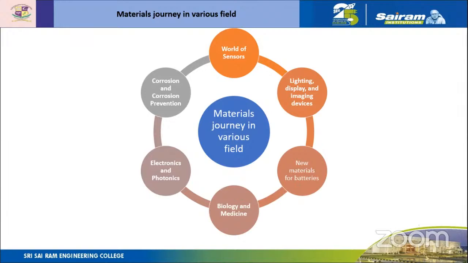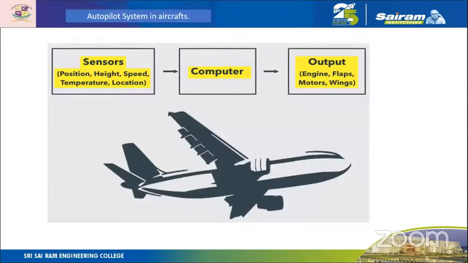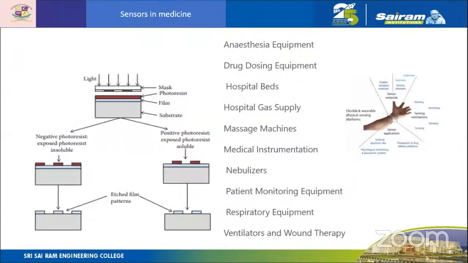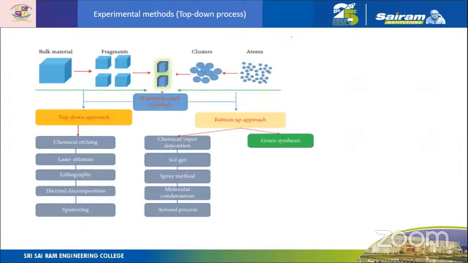These are applications of sensors in the autopilot system in aircraft, and in medicine, drug dosing equipment, hospital beds and hospital gas supplies, etc. Because you're all aware of these things, I just want to have a glance. That is why I prepared the slides.